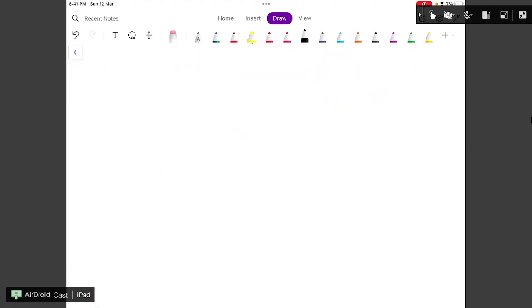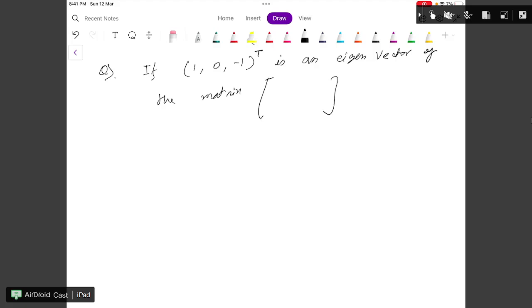Now I will take another example of problem model 2. Suppose one question from problem model 2. The given vector 1 0 -1 is an eigenvector of the matrix 1 -1 0, -1 2 -1, 0 -1 1.